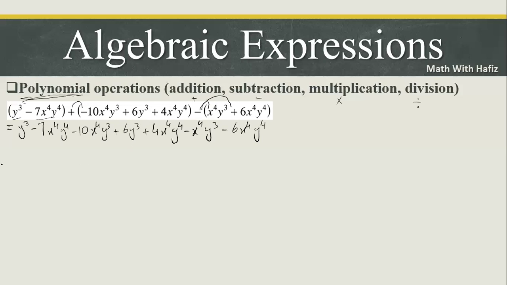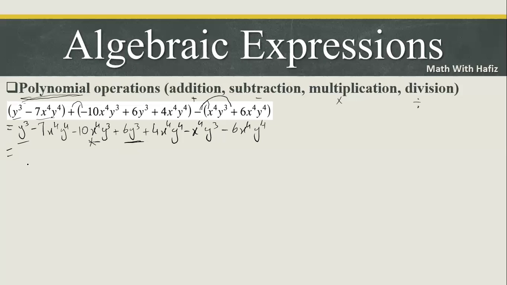Now we have to look for the like terms. Let's start from the left side, y to power 3. There is one y to power 3 here, but it also has x, so it is not the same as that one. We are looking for something with only y to power 3. There is no other variable. So we just found this 6y to power 3.